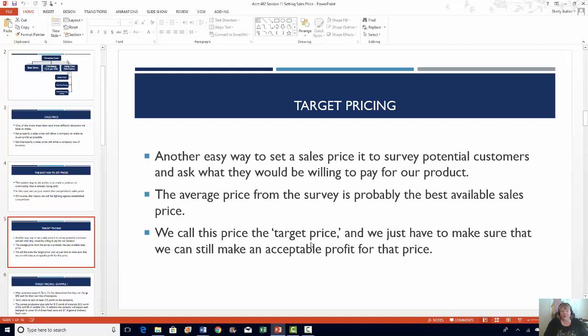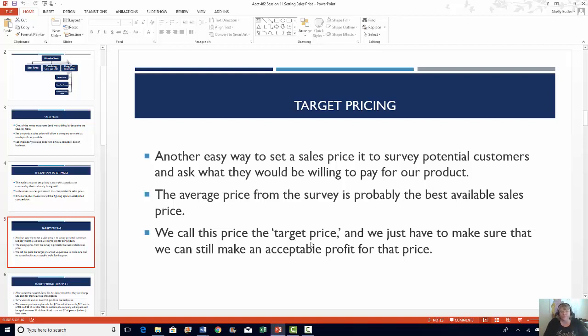So it's easier to get a hold of people through the email and through computers for surveys. Now when you get a pricing survey, they show the item and ask, what would you pay for this item? The average price from the survey would probably be the best sales price, because that would capture the people on the low end and the high end, and you want to be in the middle.